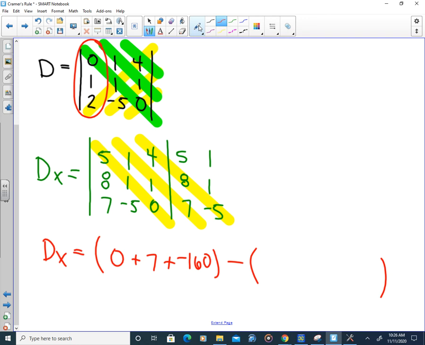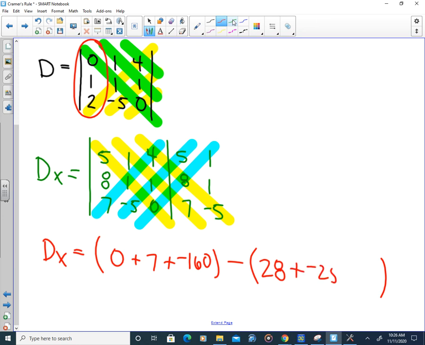Minus, let's do other diagonals. So we'll go 180, negative 515, 417. So what do we get? We get 28 plus negative 25 plus 0.